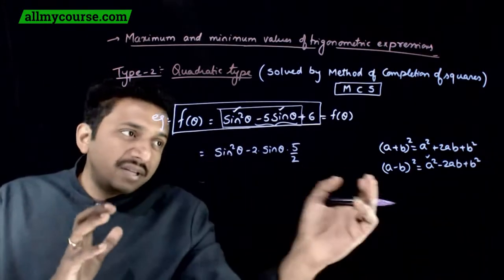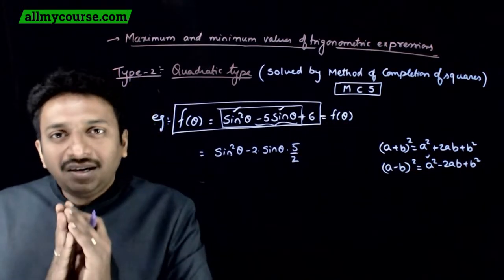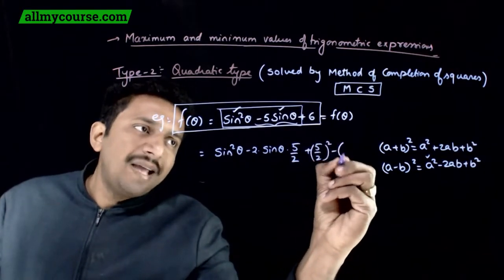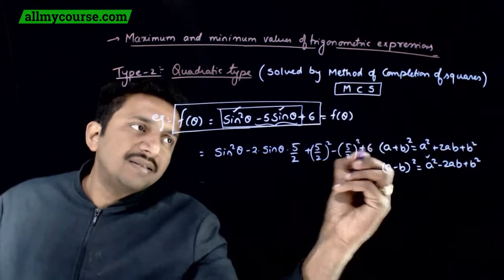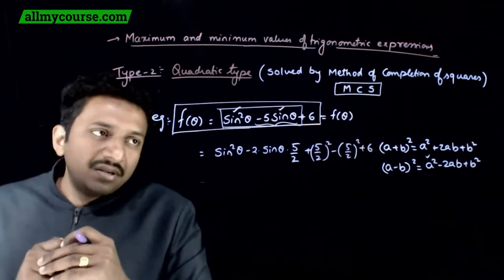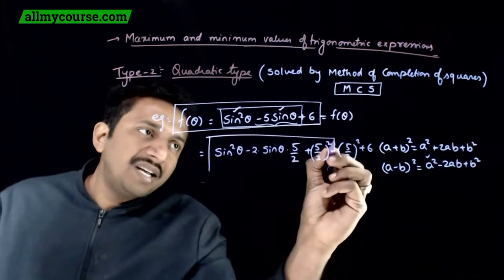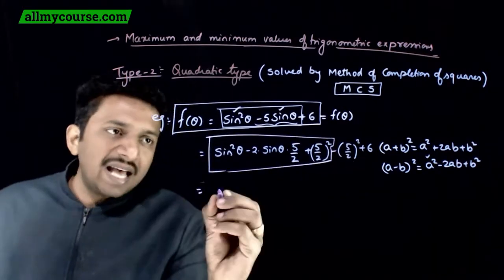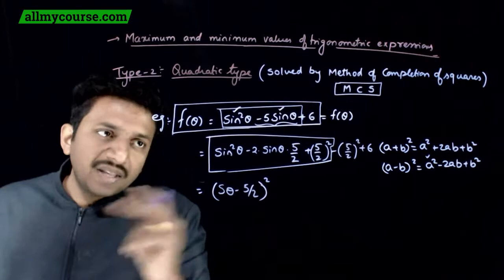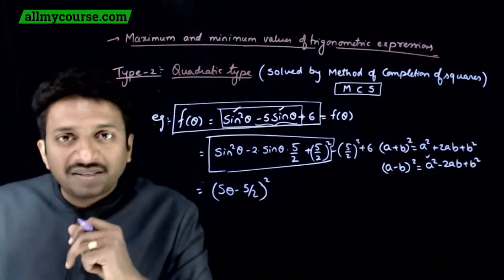Now if I have to have a minus b whole square, I need a b square term. So what I do is I'll add and subtract that b square term: plus 5 by 2 whole square minus 5 by 2 whole square plus 6. I've added this and subtracted this, so there is no effective difference in the expression. So now, if I take the first three terms, I can write this as sine theta minus 5 by 2 whole square, minus 25 by 4 plus 6.